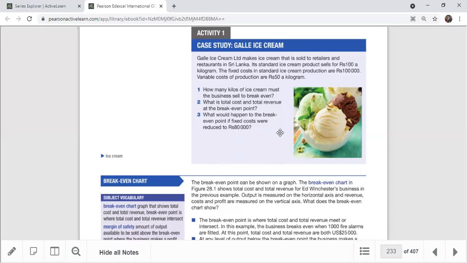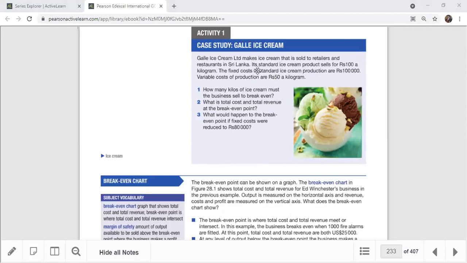Any idea what happens if cost goes down, break even increase or decrease? Raise your hand if you are saying break even increasing. Or raise your hand if you're saying break even decreasing. How many of you are saying? Okay, 4 students raised their hands.